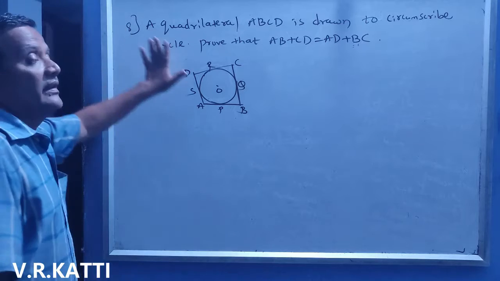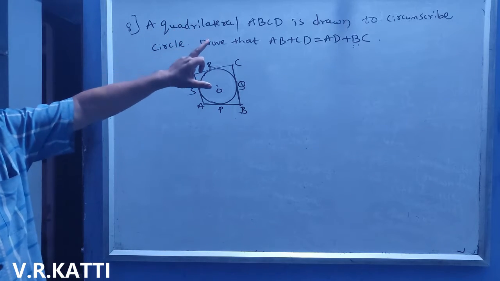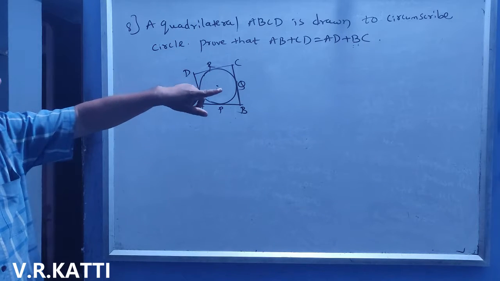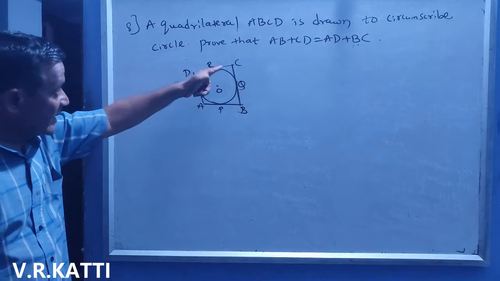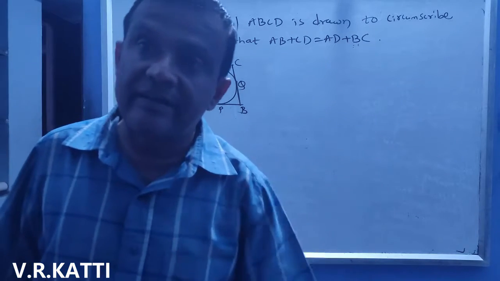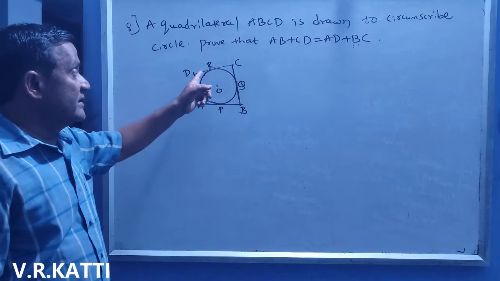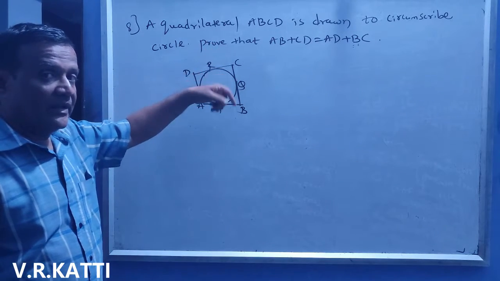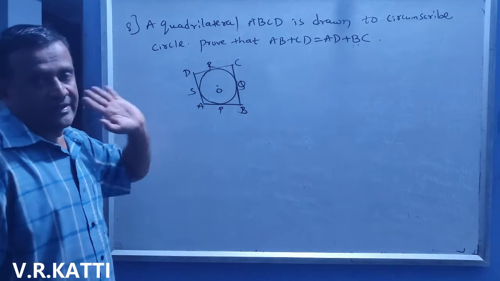Students, 8th problem. A quadrilateral ABCD is drawn to circumscribe a circle. The circle is outside the quadrilateral. If a quadrilateral is outside the circle, then it circumscribes the circle.